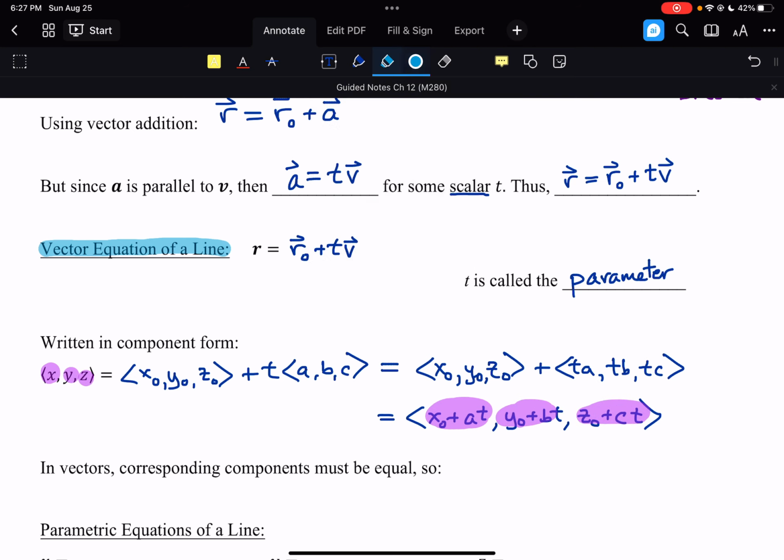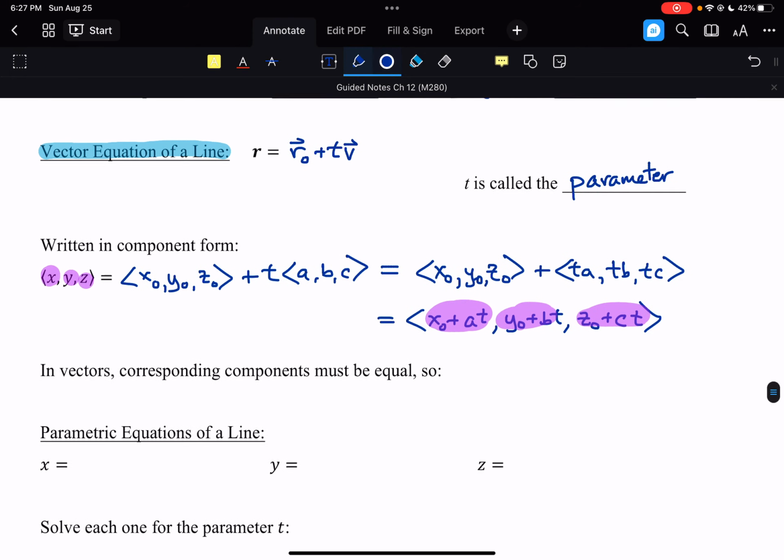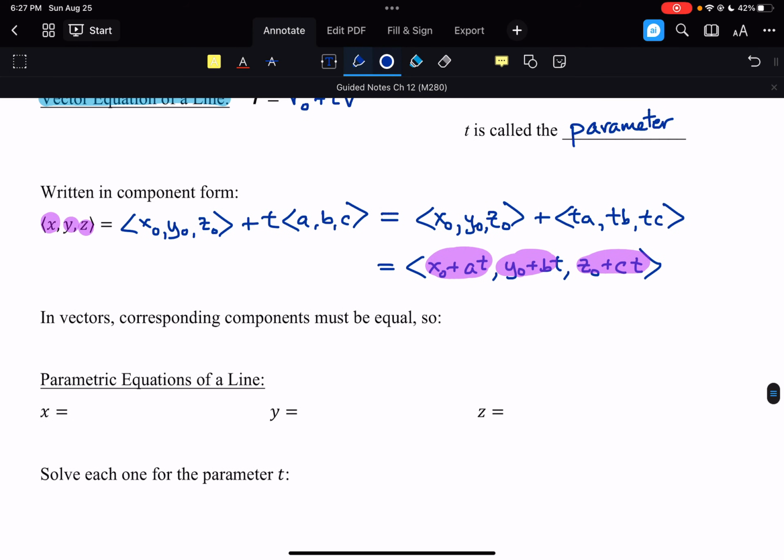So that gives us what we call the parametric equations of a line. The parametric equations of the line come from setting these components equal. So x equals x naught plus at, y equals y naught plus bt, z equals z naught plus ct.